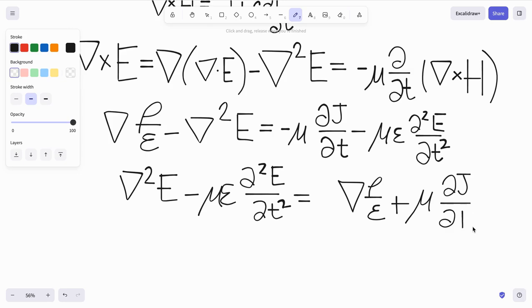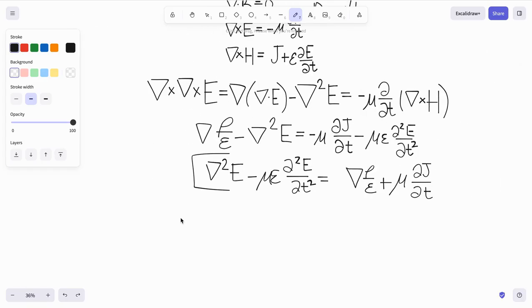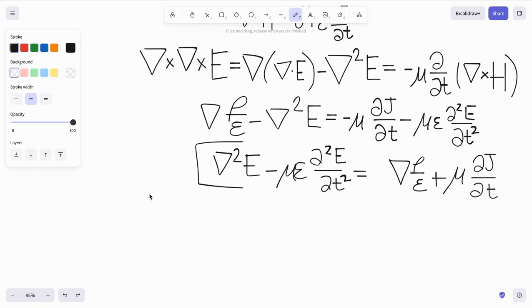Great. This should look familiar to us. It's like the wave equation we've seen before, with 1 over c squared, except it's an inhomogeneous equation because we have these terms on the right-hand side. Now we're going to do a similar thing for H.